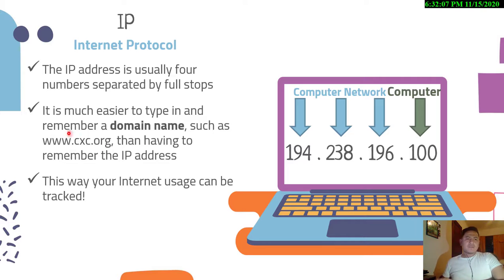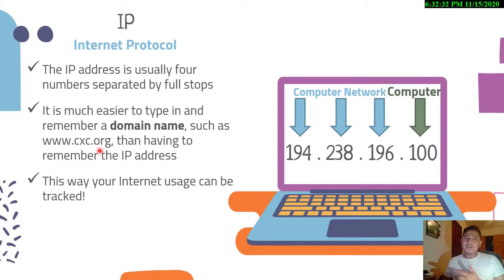So it is much easier to type. Now IP addresses are not only for devices, but IP addresses also identify websites. So it is much easier to type in and remember something called a domain name, such as www.cxc.org or www.facebook.com.